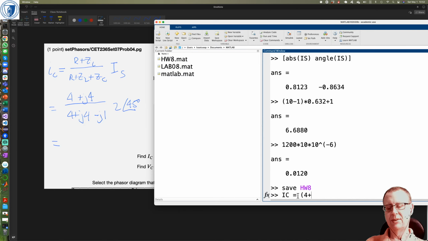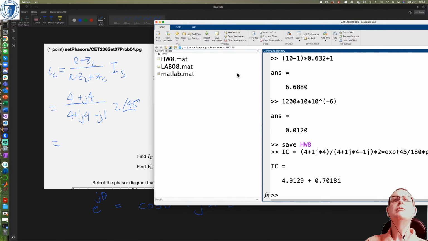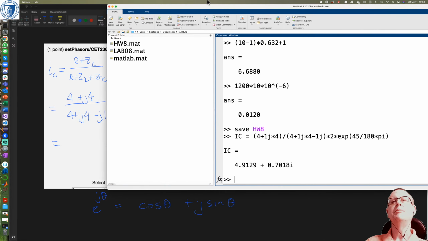Okay, what I meant to say before is e to the j theta equals cosine theta plus j sine theta. So that's called Euler's formula, or a variant of Euler's formula. I forgot to say that when somebody mentioned it, doing the changeover between polar and rectangular before.